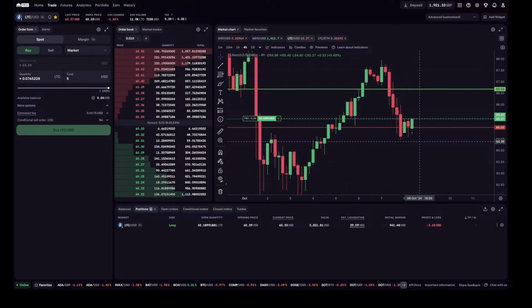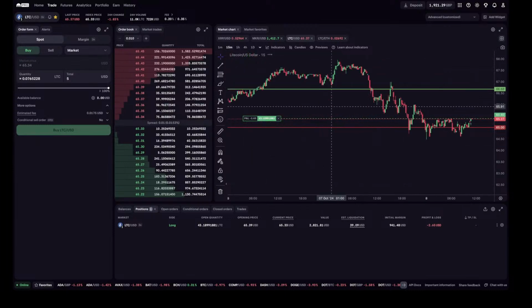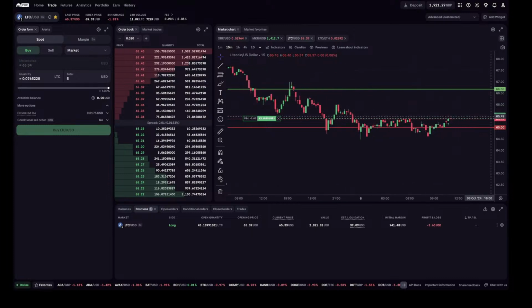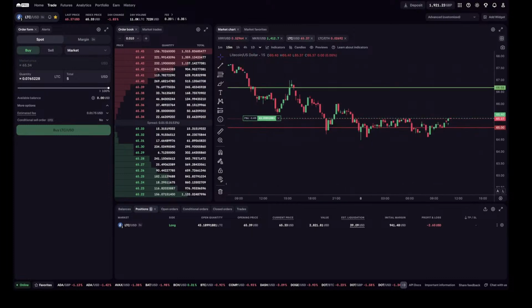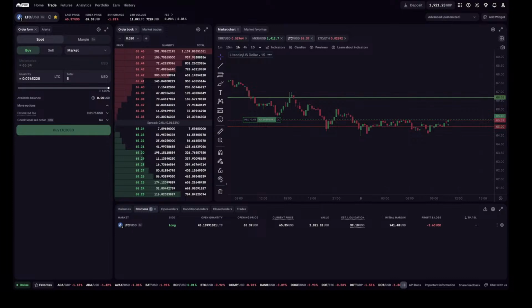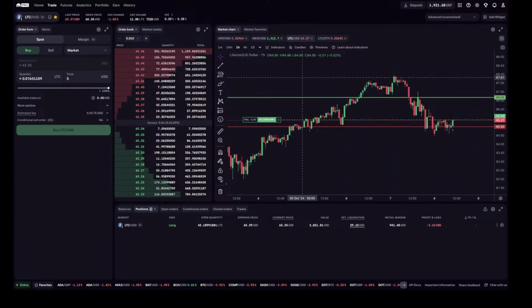It's not moving much, but we're on the 4 hour, remember. But if you look at this, we are at a level. Let's go over to TradingView.